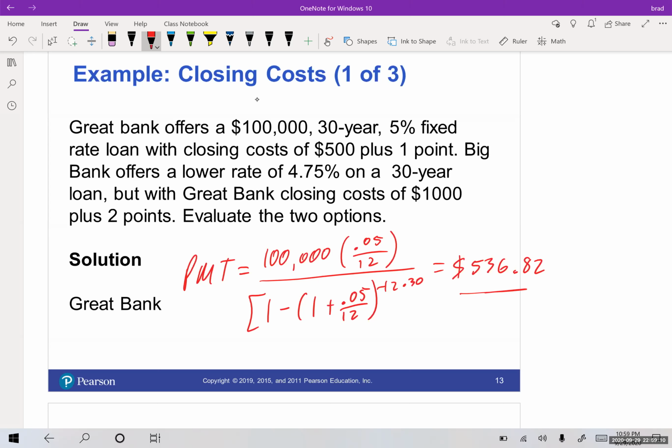So this number is a little misleading, because when you buy a home you normally have to pay property taxes. You have to pay private mortgage insurance if you don't have 20% down. There are other fees they roll in here: fire insurance, homeowners insurance, all this stuff. So before everything's done on a $100,000 loan, you're probably going to have $700 or $800. But let's just go with this. So it's $536.82.